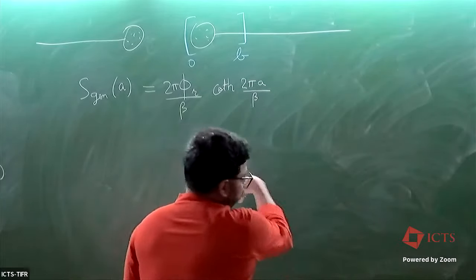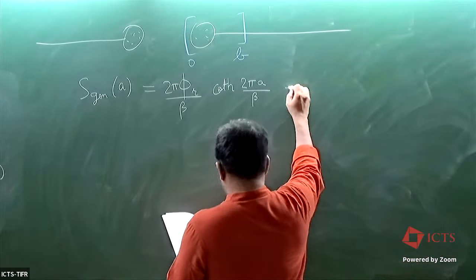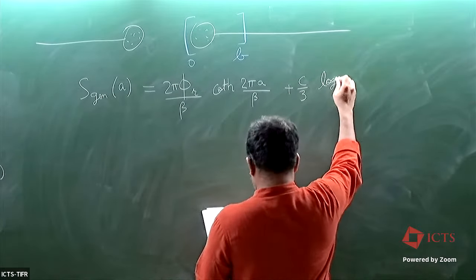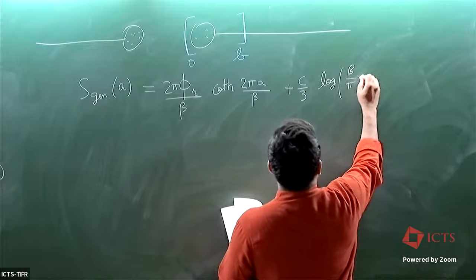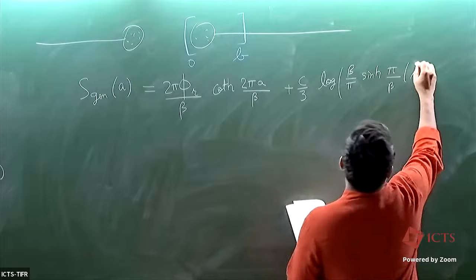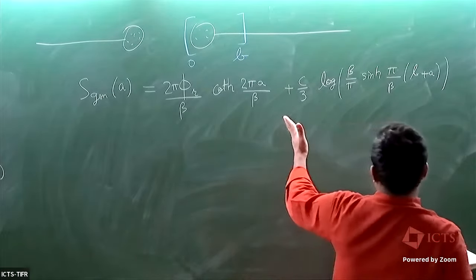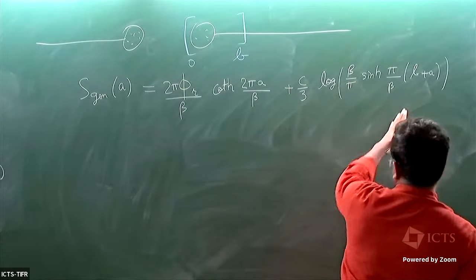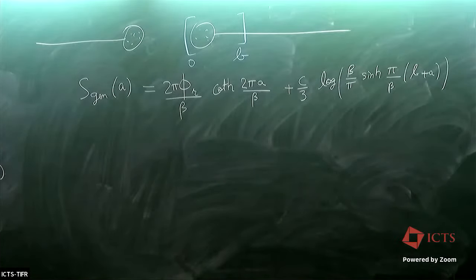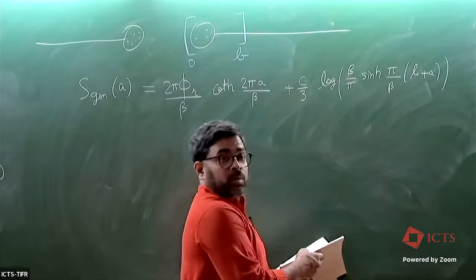Now I also restored beta here. Beta was 2 pi. Plus C over 3 log of beta over pi sinh of pi over beta times (b plus A). What is this? This is just the thermal entropy of a CFT in an interval of length A plus B, right? This is the first calculation we did today. It has this C over 3 log and sinh and so on, right?